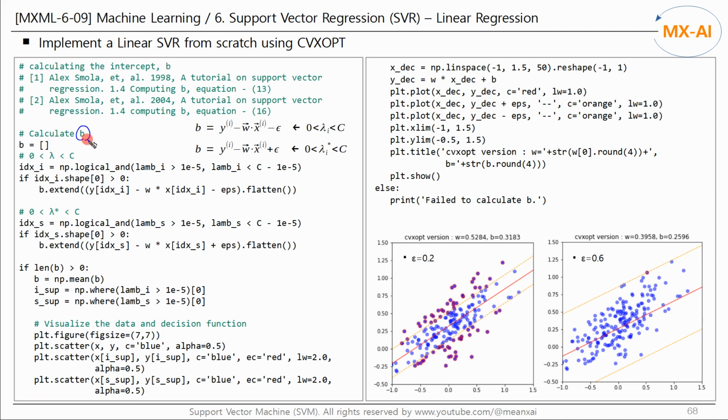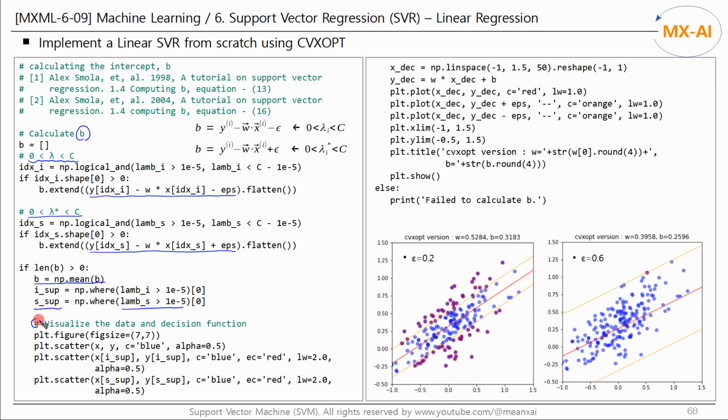Now let's find B. Find the data points x, y that satisfy this condition, and use this formula to calculate B. And find the data points x, y that satisfy this condition, and use this formula to calculate B. Then we calculate the average of B, and this is the final B. The data points with lambda and lambda star greater than 0 are support vectors.